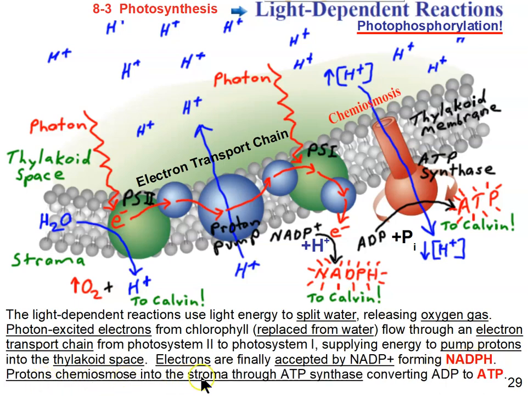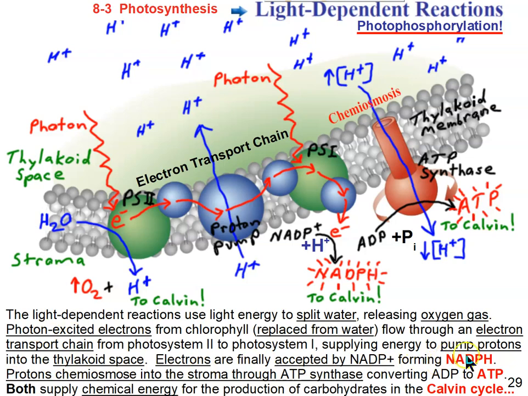Protons then chemiosmose into the stroma through ATP synthase. And in the process, they can convert ADP to ATP, or you can also say they recharge ADP to ATP, the other important product of the light-dependent reactions.